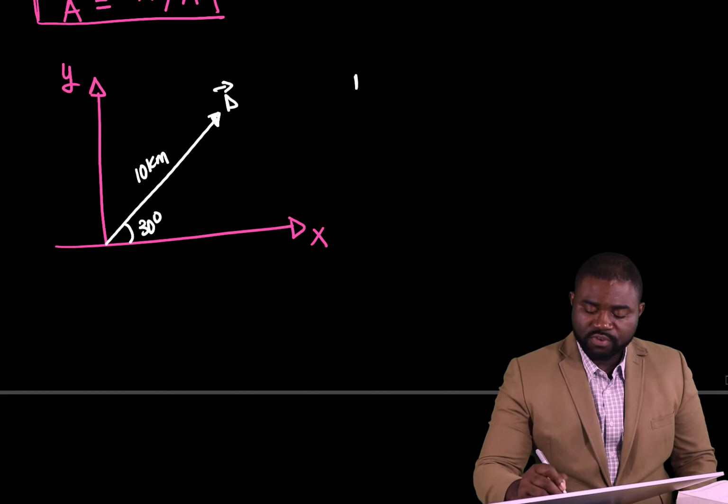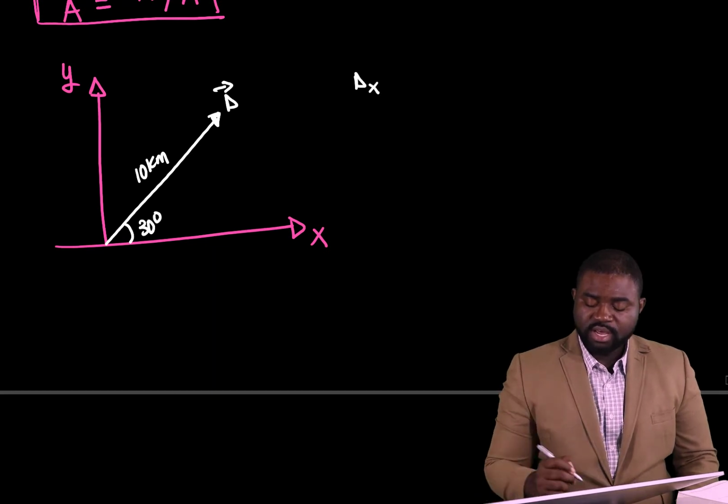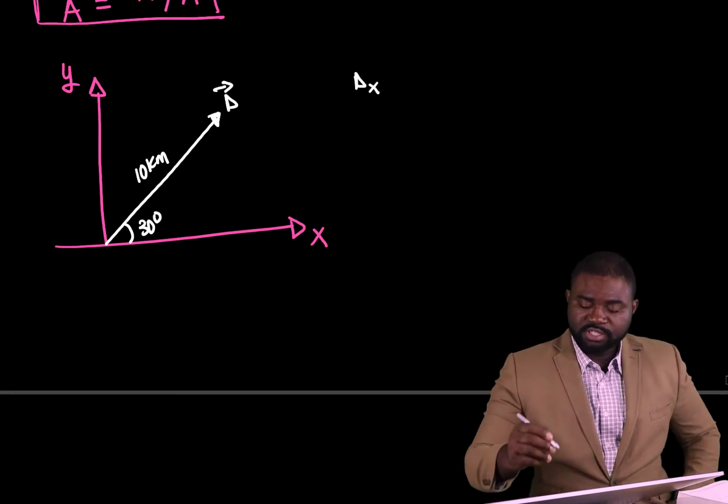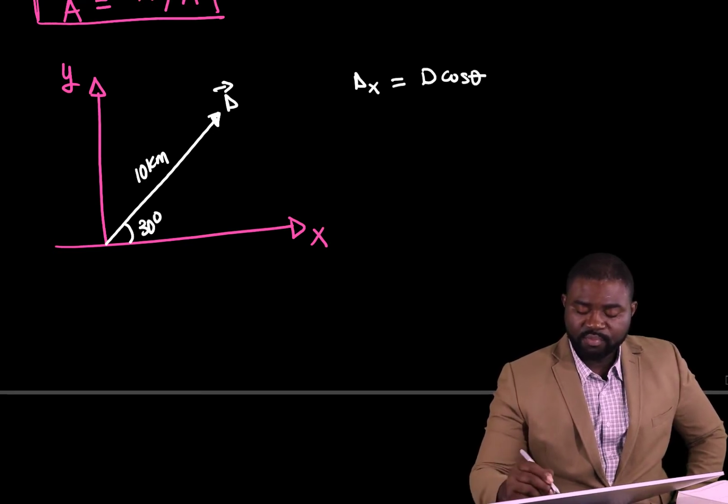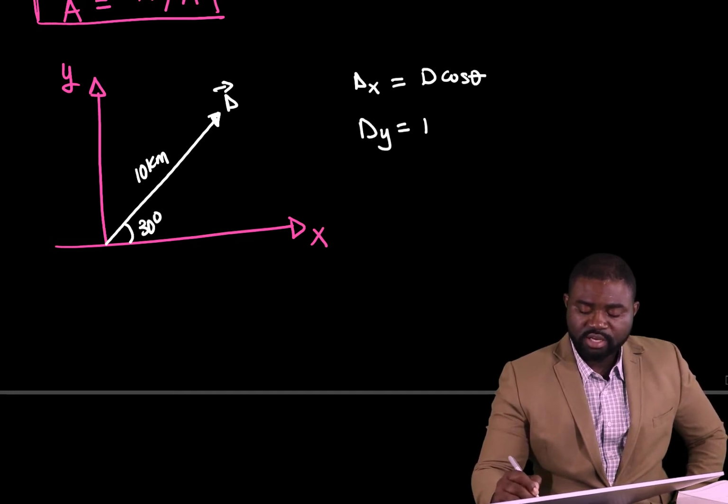Then you can see that the x component of John's displacement, dx, is just given by d cosine theta, and the y component, dy, is just given by d sine theta.